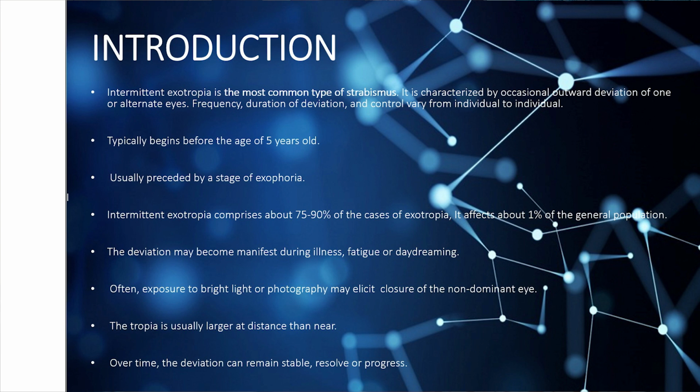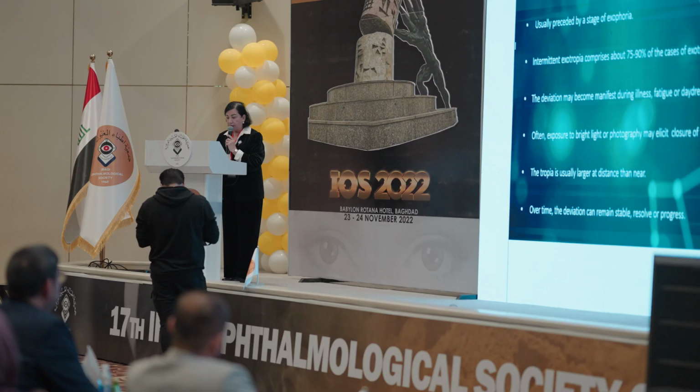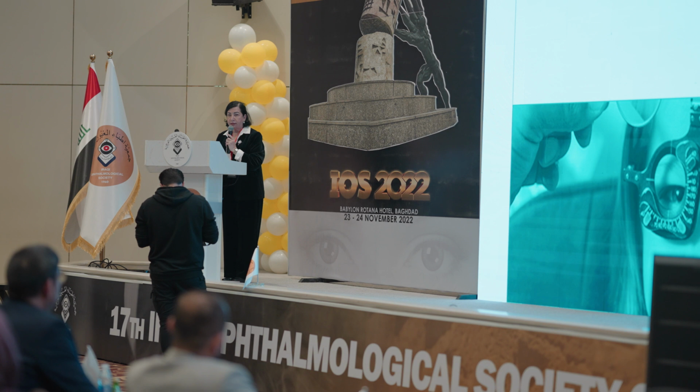At other times, the eyes are normal. The tropia is usually larger at distance than near. Over time, the disease can remain stable, resolve, or progress. Unfortunately, the disease is more common in females.